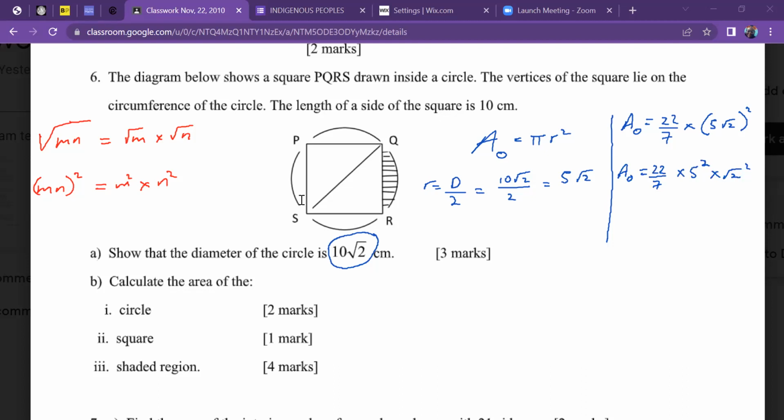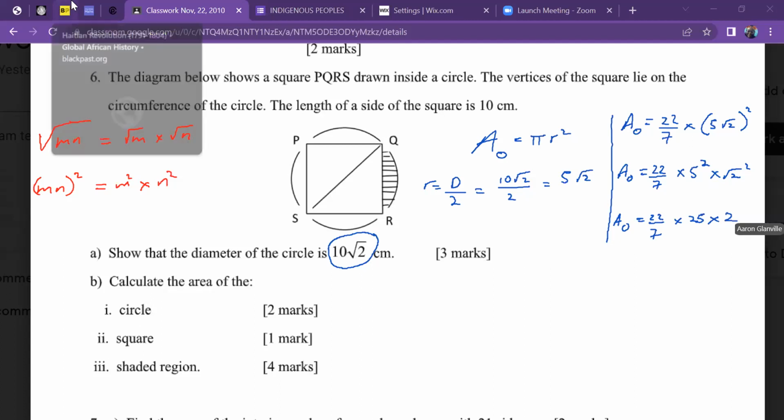Okay, so help me out here. This is 22/7. 5 squared is equal to 25. And the square root of 2 squared is equal to 2, right?